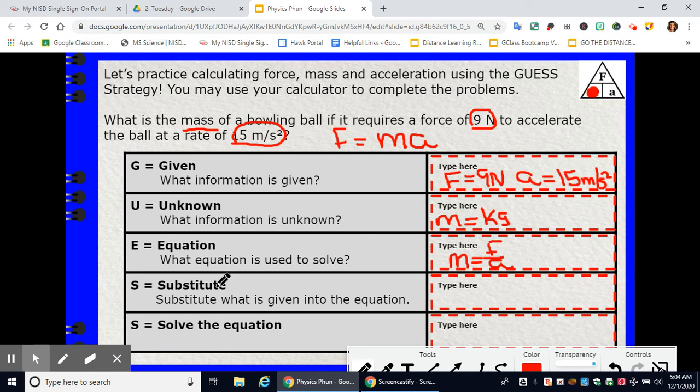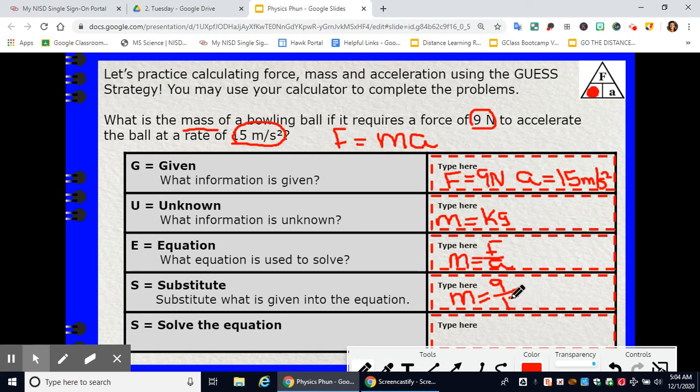Now, all I need to do is simply substitute my numbers into my equation. So I'm going to rewrite my equation, mass equals, and what was my force? 9 newtons divided by my acceleration, and my acceleration given was 15.